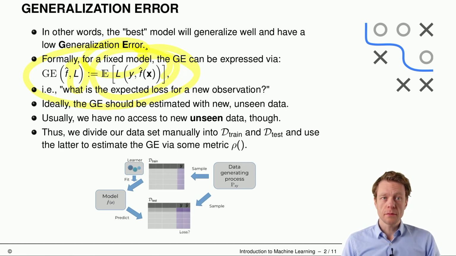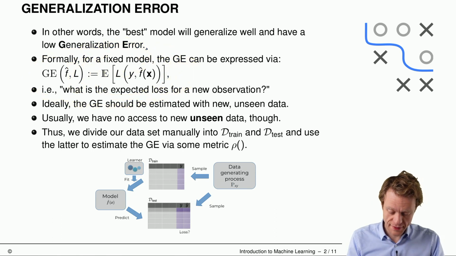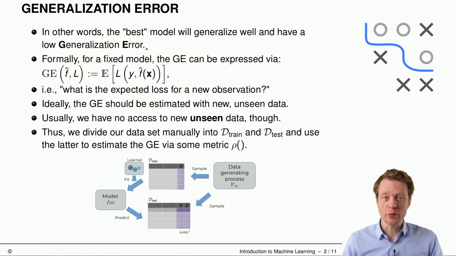So the problem here is that, of course, usually we have no access to new unseen data, because if we would have more data, then, well, we would just use this for training a better model, right? So that's one of the fundamental problems of supervised learning, that we want to use all the data we have for training a good model, but then we have no test data left to see how good the model is, actually.